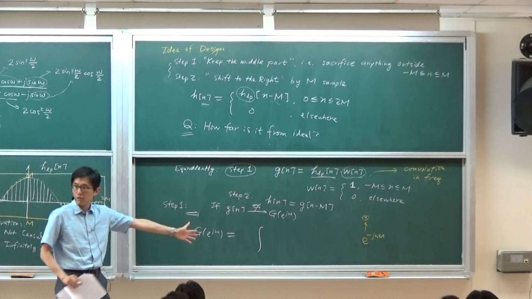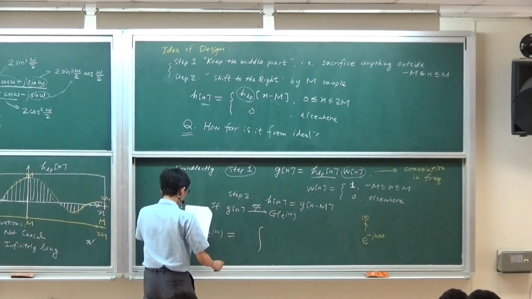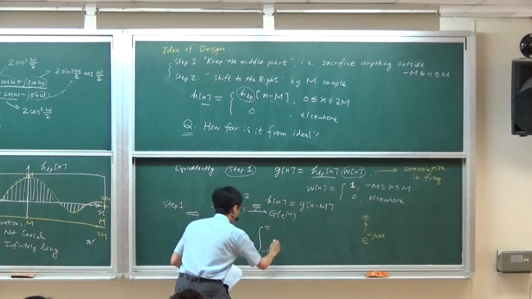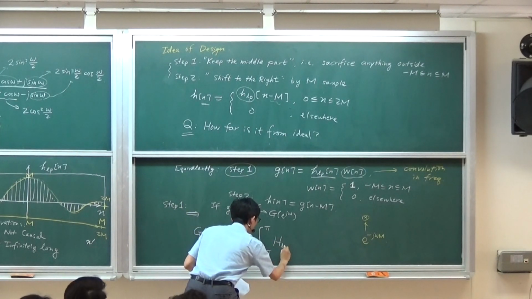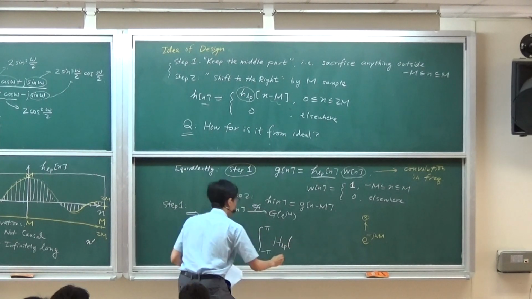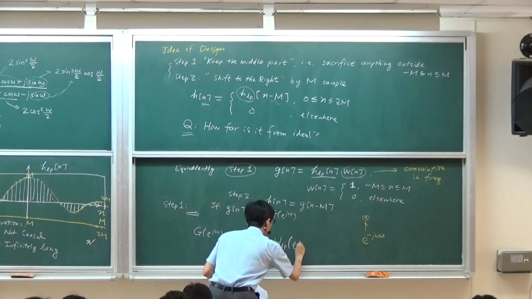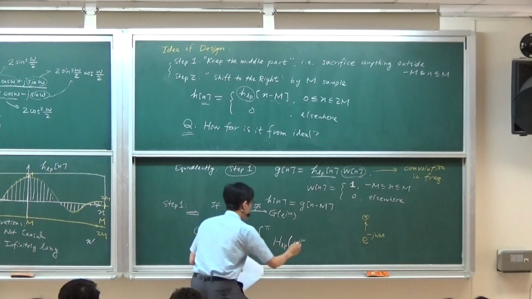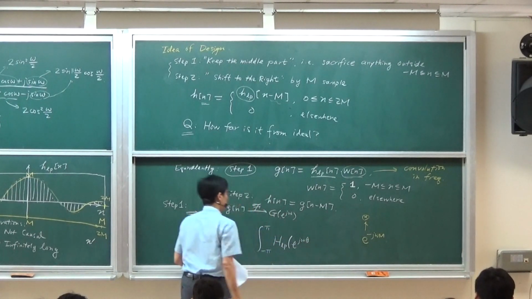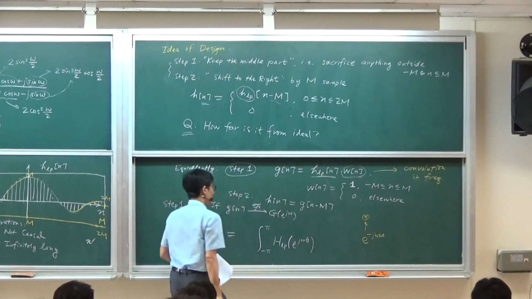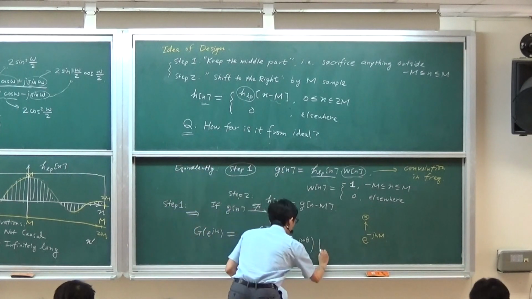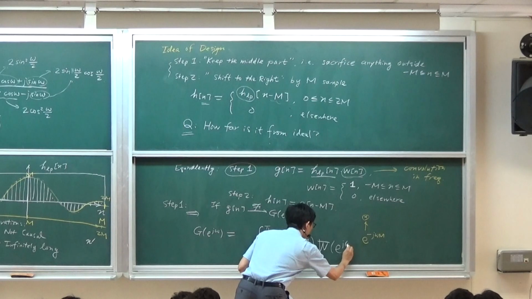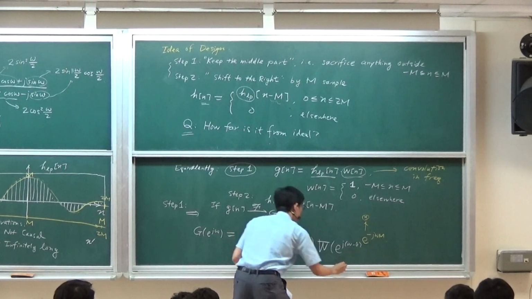So I'm going to show you the convolution. The resulting convolution is going to be an integral. We will take the ideal low-pass response, H_LP of e to the j theta, times big W of e to the j (omega minus theta).